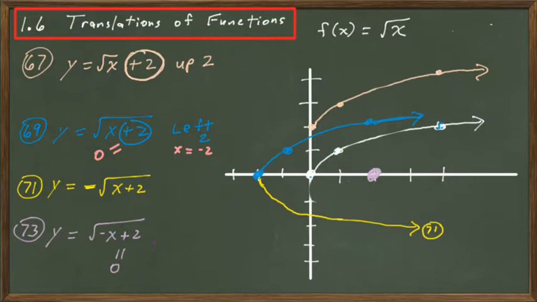Guys, you can always plug and chug. Just choose a number. If you put in a 1, what would you get out of this thing? 1. If you put in a 1, you'd get a 1. If you put in a 2, you got a 0. What would you get if you put in, how about a -2?